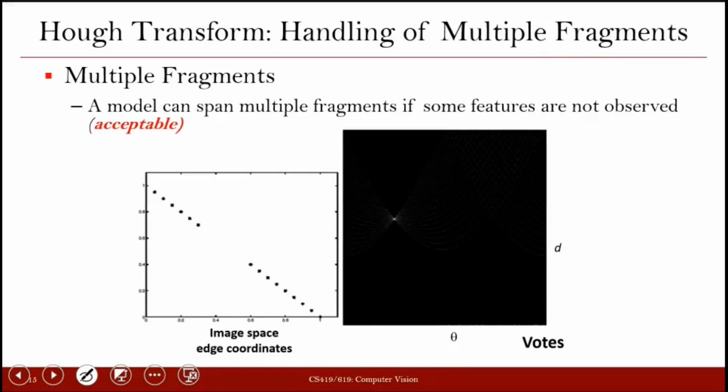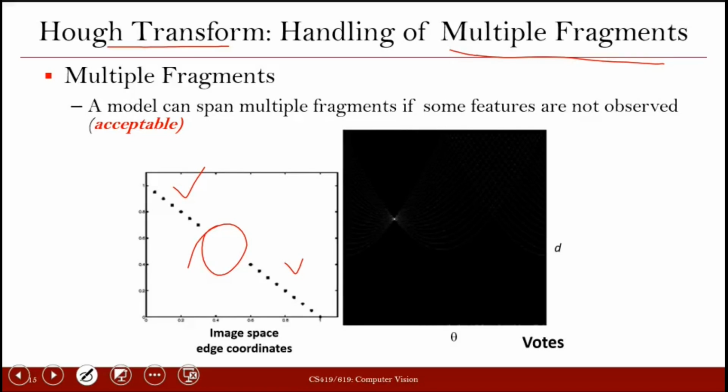Similarly, multiple fragments also don't make any difference here, because even though we have some missing points, with the help of these points and these points, we can find the existence of the appropriate line. In some sense, when we are detecting models with the help of the Hough transform, we can handle occlusion. If some part of the model is occluded, we will still be able to detect the model.